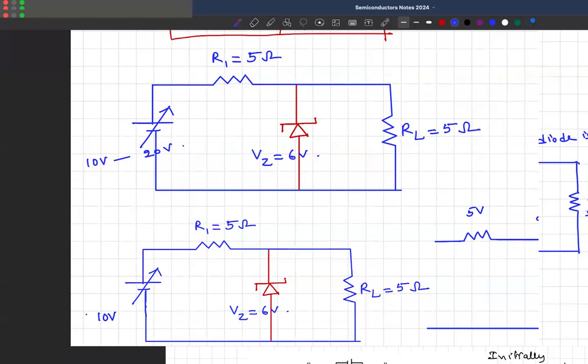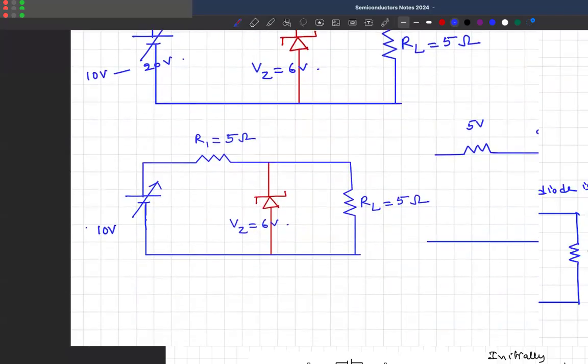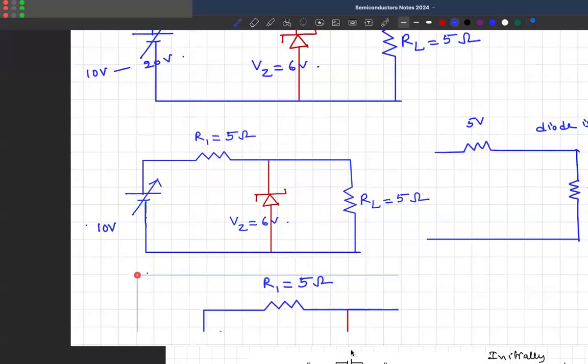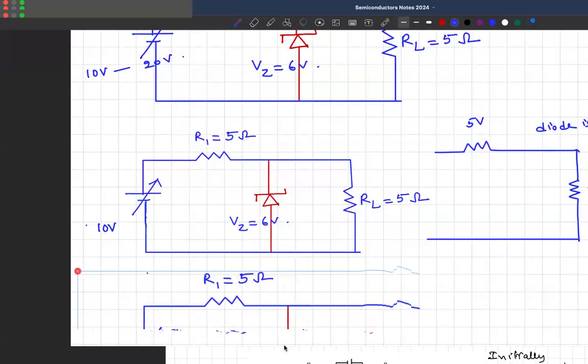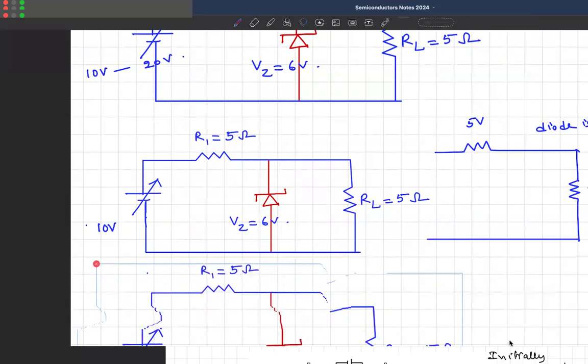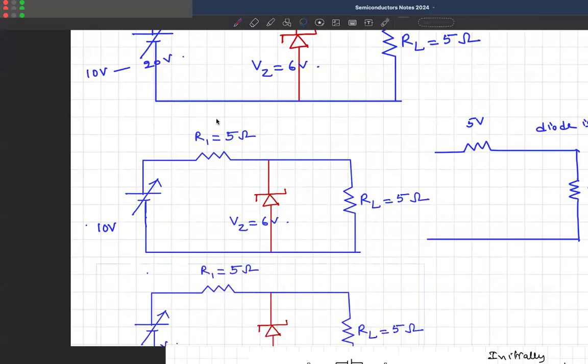Next, right. For example, if it all of a sudden becomes 12.1 volts, what happens?